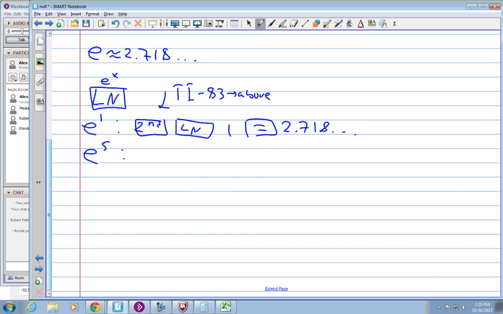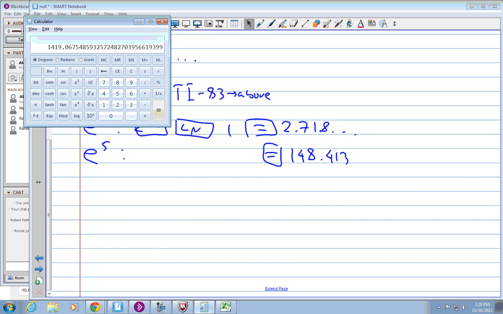What did you get? 148.413. So E is a number. It's just a constant. You don't need to even know that it's 2.71 or whatever. Your calculator has it. The calculator in Windows has, I see that LN button. In order to get to that, this is their version of second, the inverse.